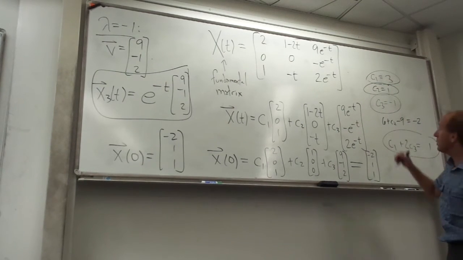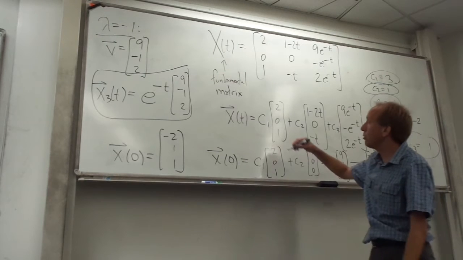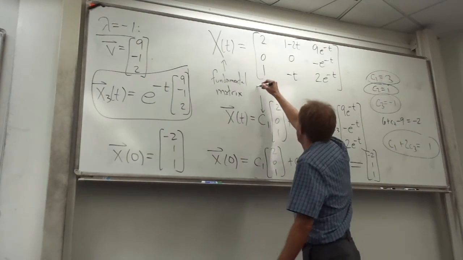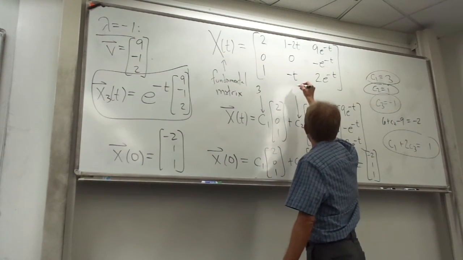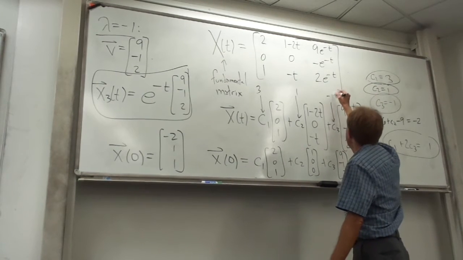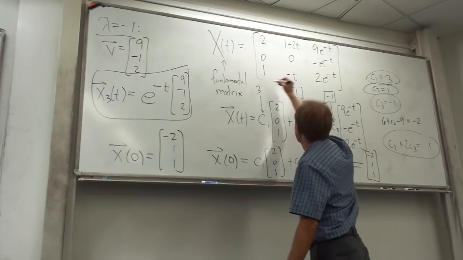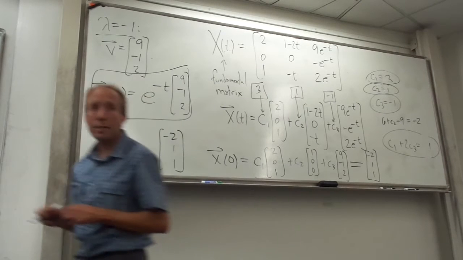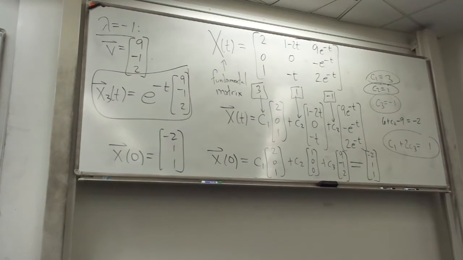Okay, so now I have my constants, and then you could go back and feed those in here. 3 goes here, 1 goes here, and negative 1 goes here. That's the way that's going to work. Everybody feel pretty good with that?